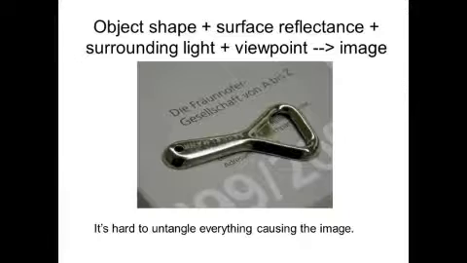And what goes into allowing you to see this object, everything about it that you can see? Well, I can just list the things that you need to specify. If you're, for example, going to render something in computer graphics, you describe the object's shape, the reflectance properties of its surface, the distribution of the surrounding light which is impinging on the object, plus the camera viewpoint, and from that you get an image.